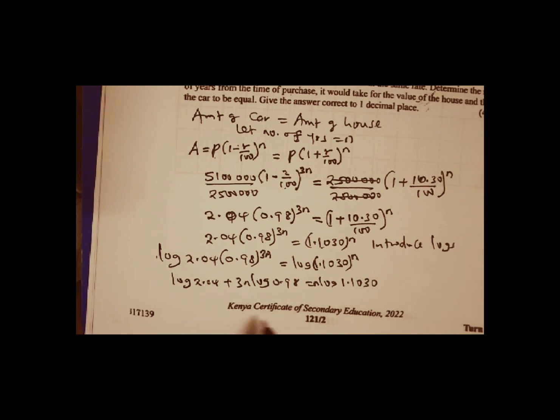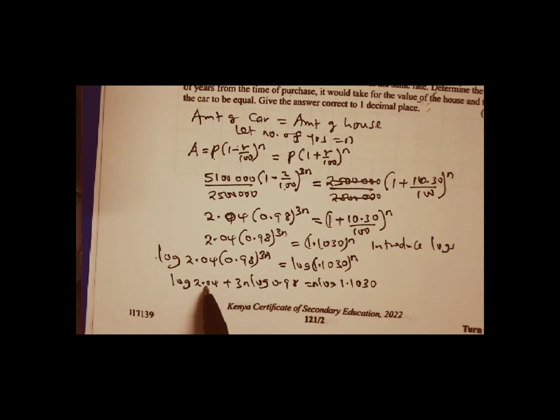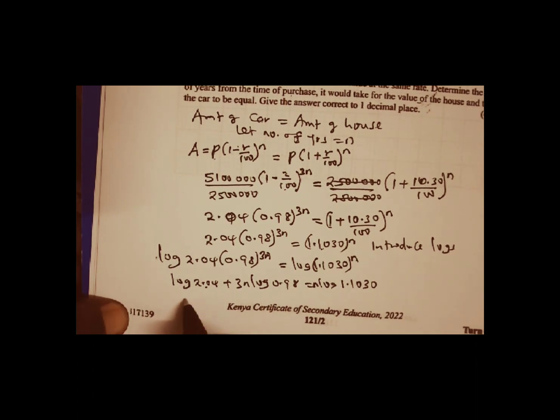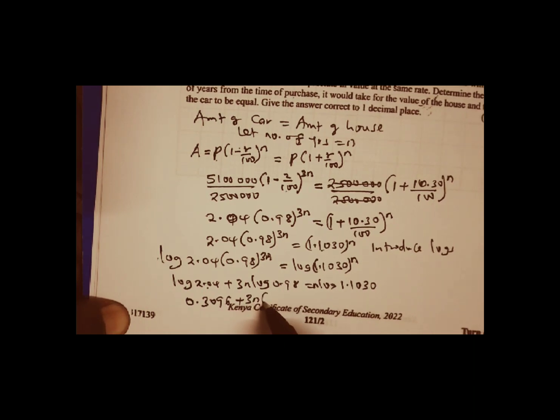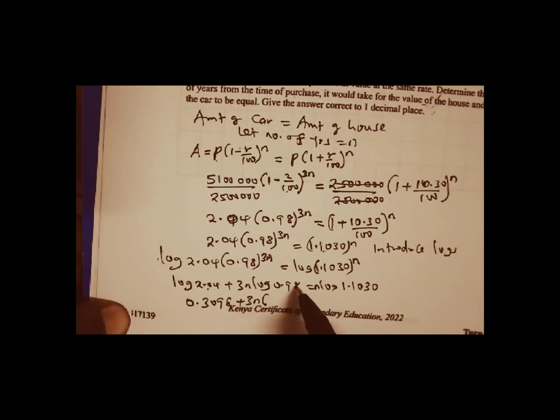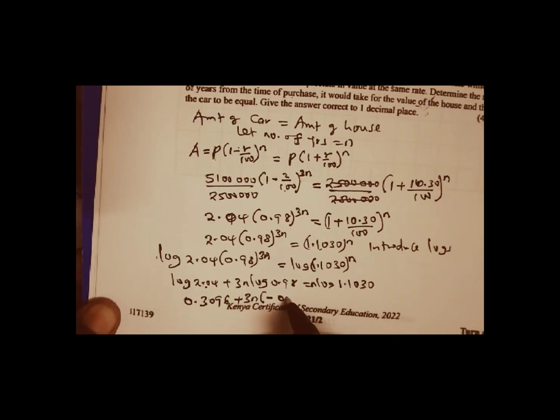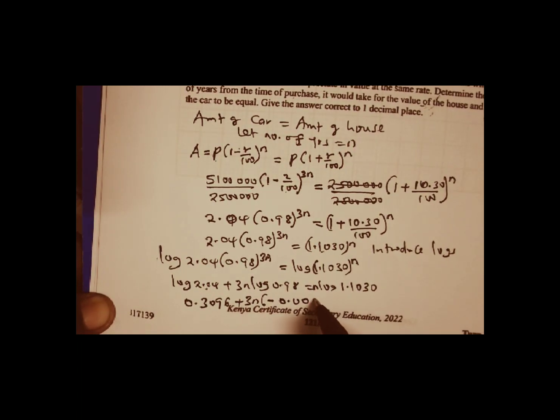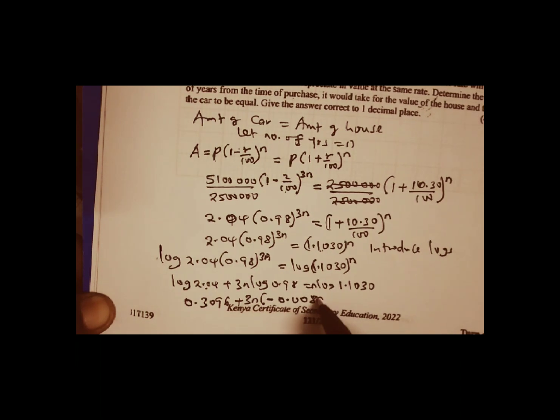We continue with the question. The log of 2.04 will be equal to 0.3096 plus 3n multiplied by the log of 0.98, which gives us negative 0.0089.